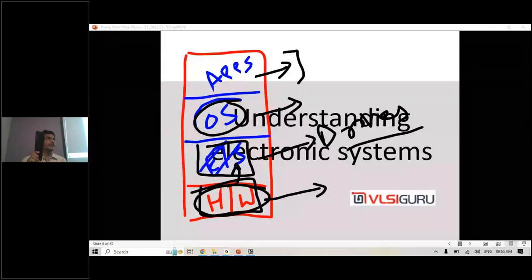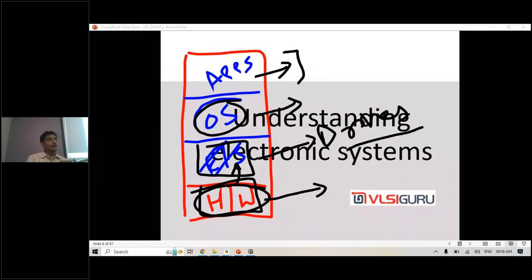Everything that happens in hardware has to be controlled through the embedded system. Even mobile phone turning on, turning off, somewhere it is related to the embedded system. Then where does the embedded system get instructions from? OS. Then OS in turn has applications which control it.